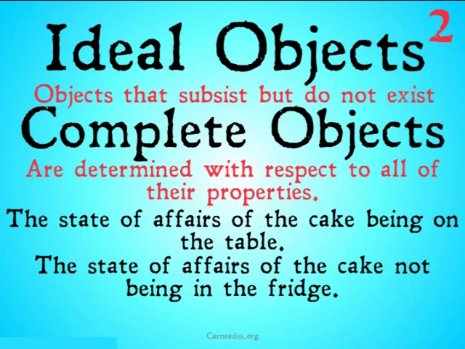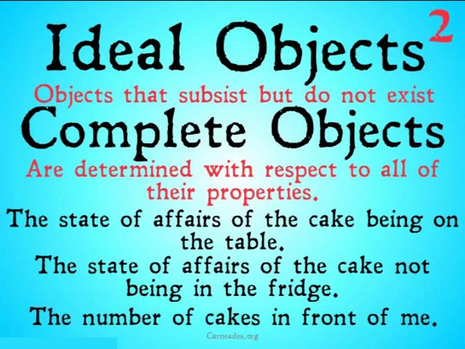That relationship or that state of affairs is an ideal object. Or that state of affairs of not having cake in the fridge is an ideal object. The one that makes the most sense to me is the number of cakes in front of me, or numbers. These are ideal objects because it's just a state of affairs, a state of number of cakes on the table in front of me.